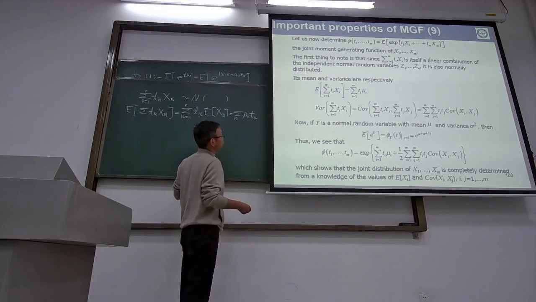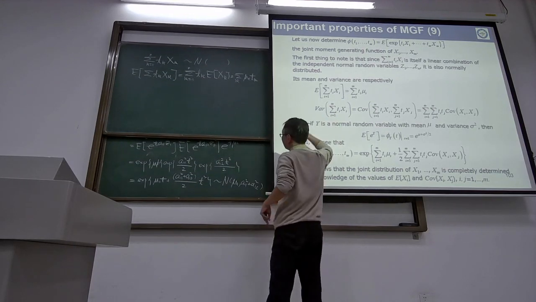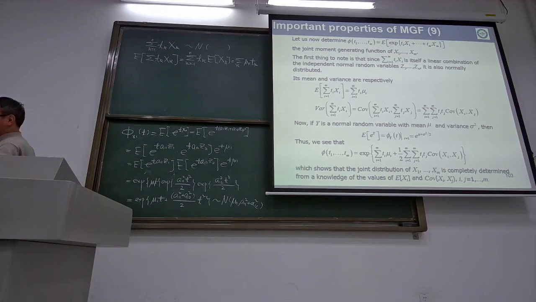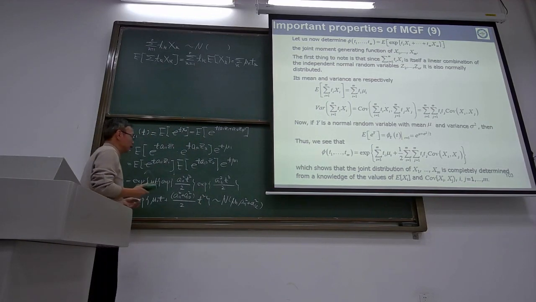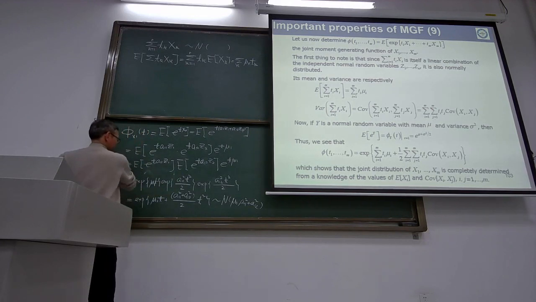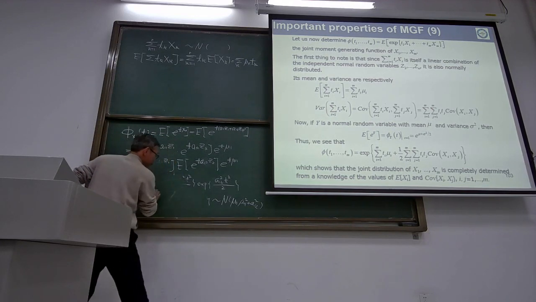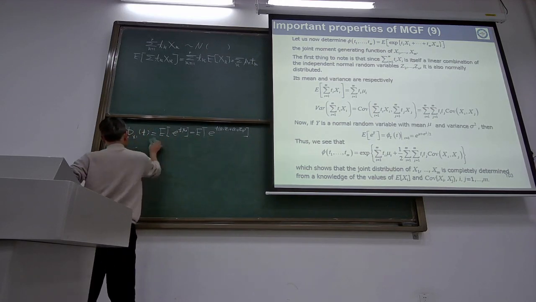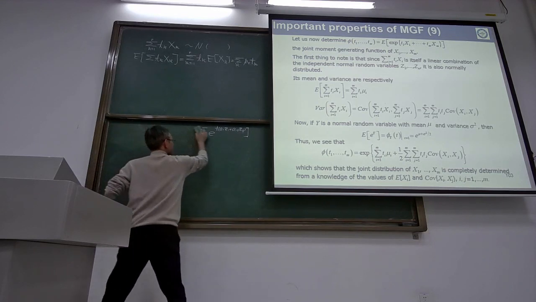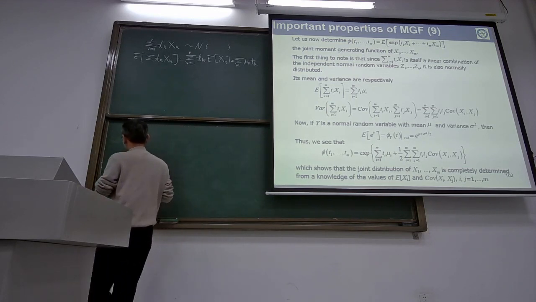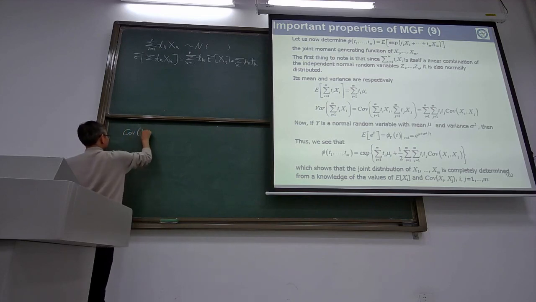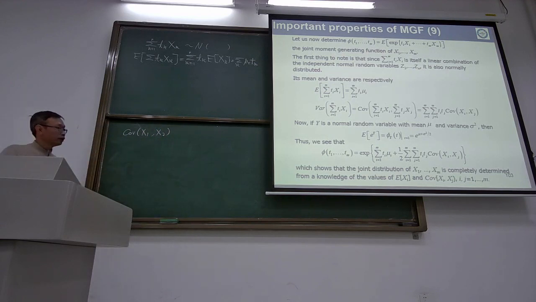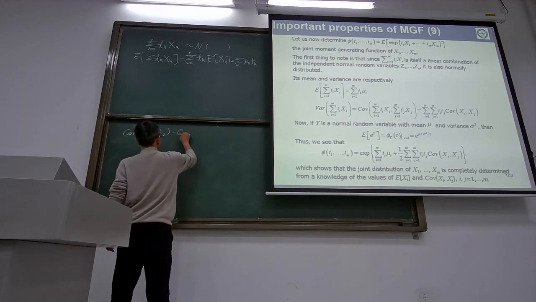Okay, to find this one, let's use a pure simple example. Just use x1, x2. Let's find the covariance of x1 and x2. Substitute the definition.